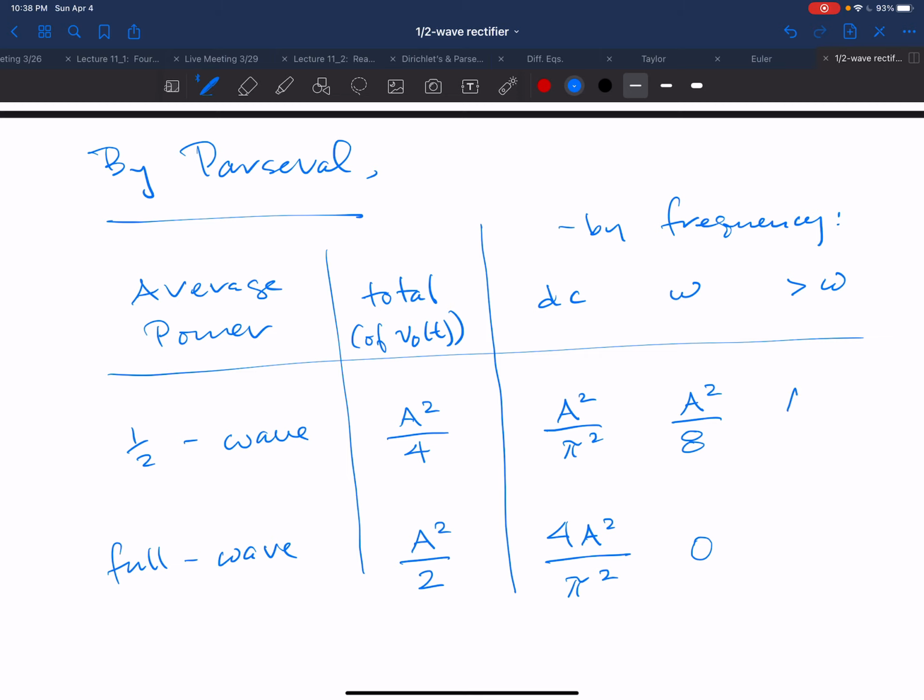So in all of the other components combined, we'll have a squared over 8 minus a squared over pi squared as the average power in all of those components put together. And in the case of the full-wave rectifier, we'll have the total average power of V out of t minus the power in the DC component, which is 4a squared over pi squared. So this last column we just compute using Parseval's theorem.